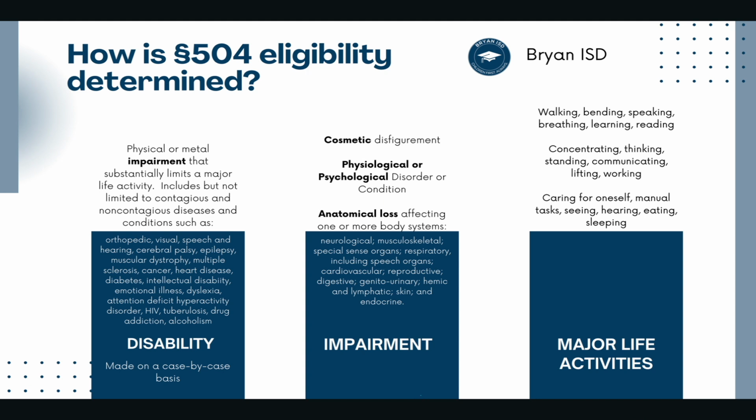When you're determining 504 eligibility, the first thing you're going to consider is, does the student have a physical or mental impairment that substantially limits a major life activity?